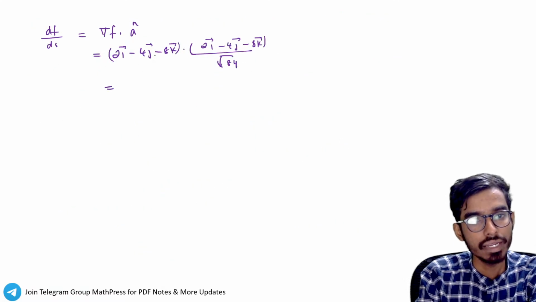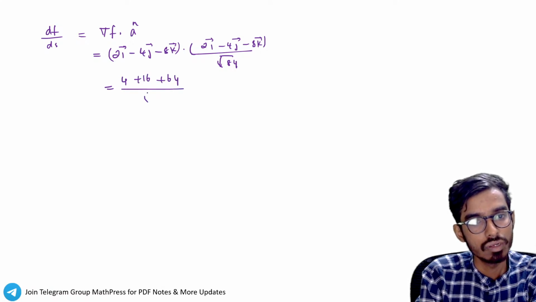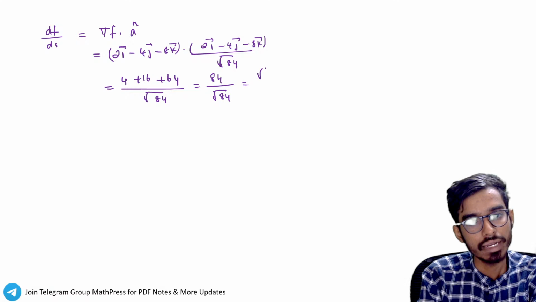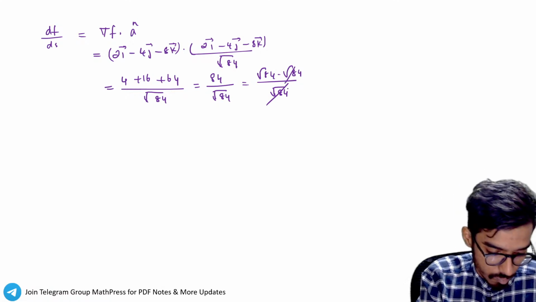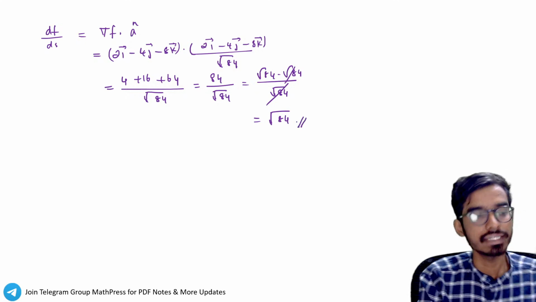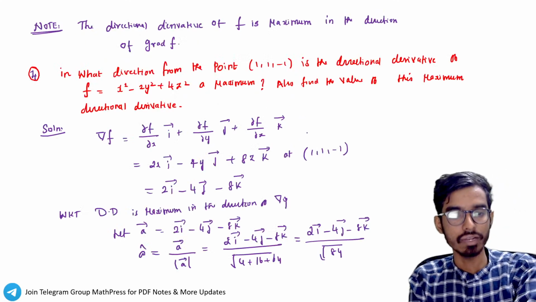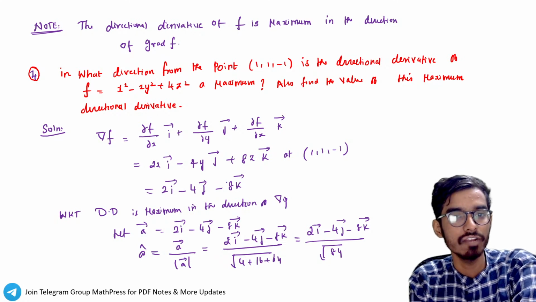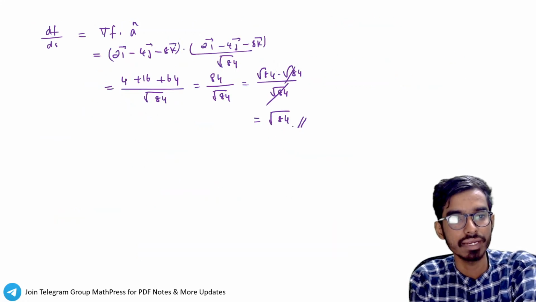To make a dot product here, 2 2s are 4, 4 plus 16 plus 64 divided by root 84. So we'll be having 84 by root 84. I can write this as root 84 into root 84 divided by root 84. So root 84 is the maximum value for the directional derivative, right? The directional derivative will be maximum in the direction of del phi. So you take the vector to be the same as the del f vector.